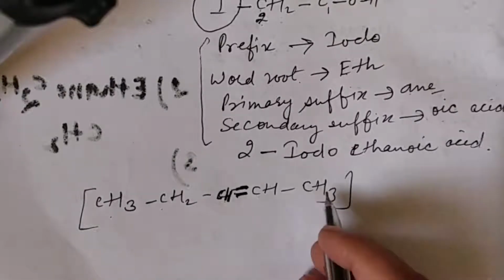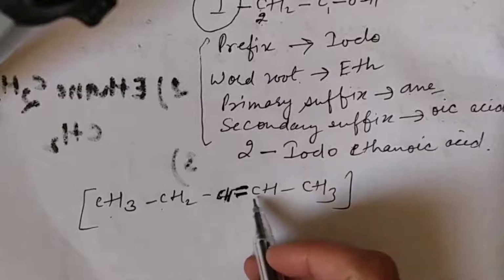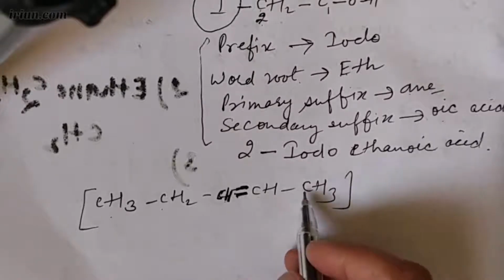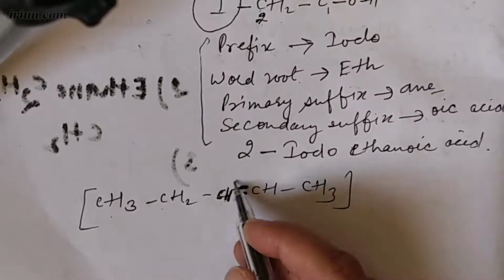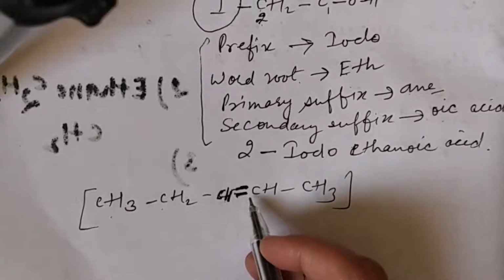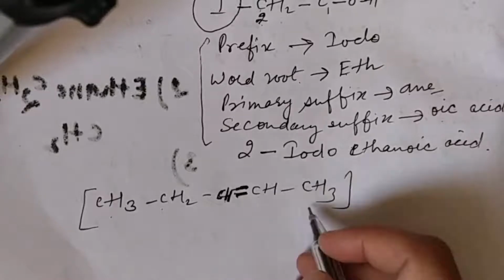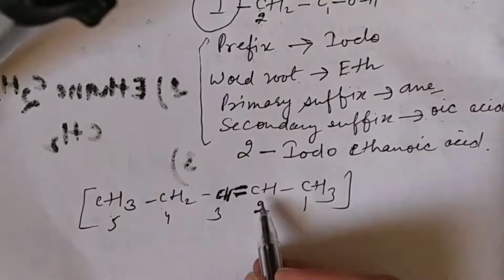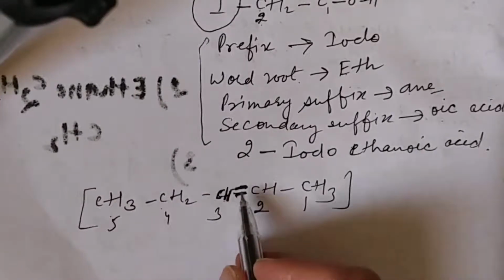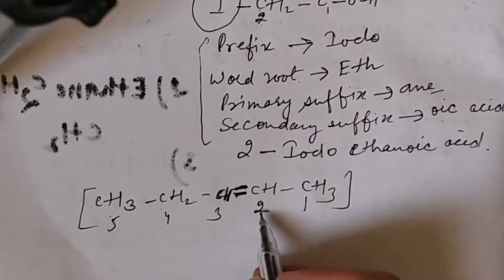You have to count from the side to which the functional group carries the lowest number. The carbon having the functional group should carry the minimum number.